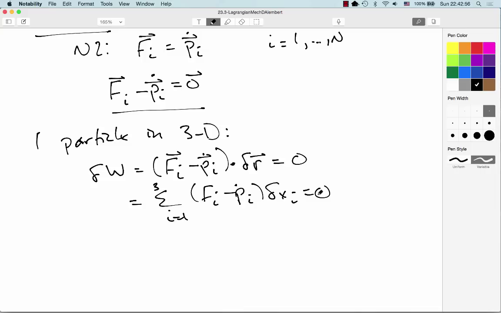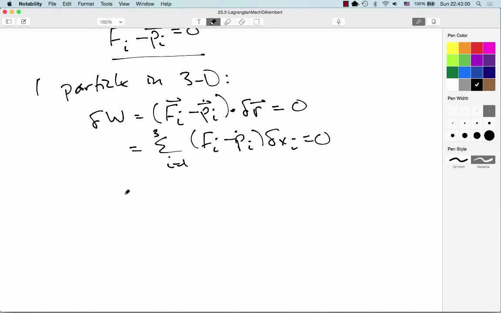Let's distribute this across and look at what we got. We now have the sum over i of Fi delta xi minus the sum over i of pi dot delta xi equals 0.